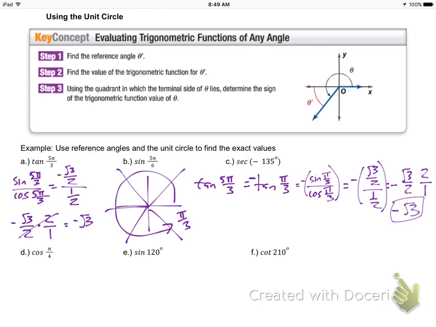1, I went directly to the unit circle. Second option, I found a reference angle, checked it with all students take calculus, and then evaluated it. Step number 1, or the unit circle method, works if your angle is between 0 and 360 or 0 and 2 pi.